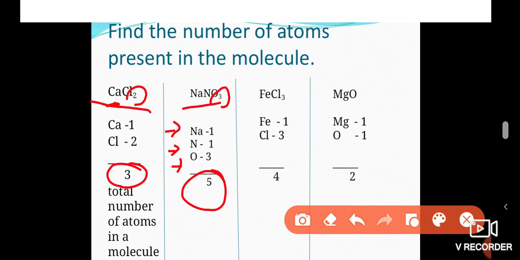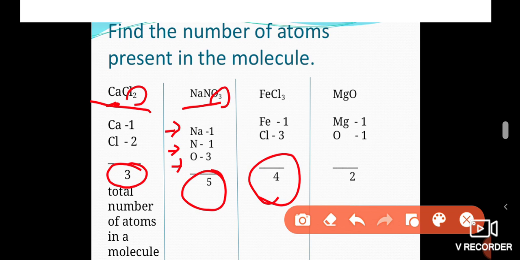Like that, the third one, FeCl3, iron chloride. Fe denotes iron, Cl represents chlorine. How many iron atoms are there? Only 1. Chlorine 3. So the total number of atoms is 4. So iron chloride is made up of 4 atoms. Like that, MgO. Mg represents magnesium, O represents oxygen.